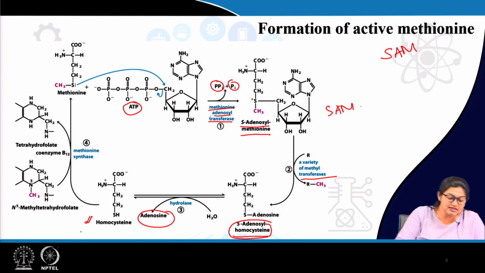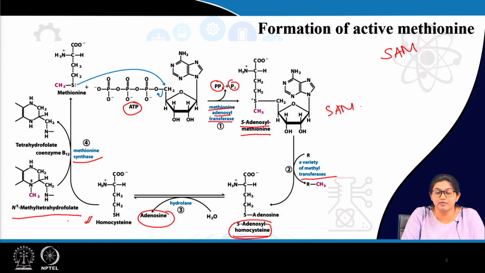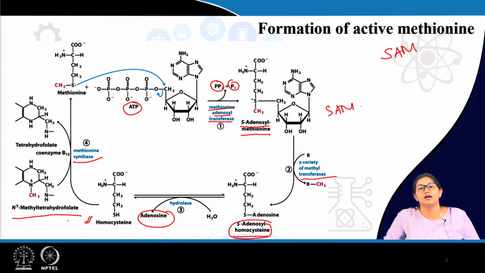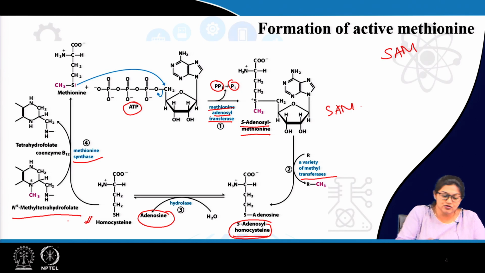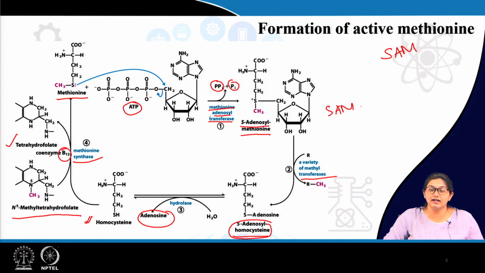Via methionine synthase. The enzyme here is methionine synthase, and with the help of the molecule methyl tetrahydrofolate. So, basically methyl tetrahydrofolate here transfers its methyl group to homocysteine. So, we are getting methionine, whereas methyl tetrahydrofolate is converted to tetrahydrofolate, and this is a vitamin B12 dependent reaction.